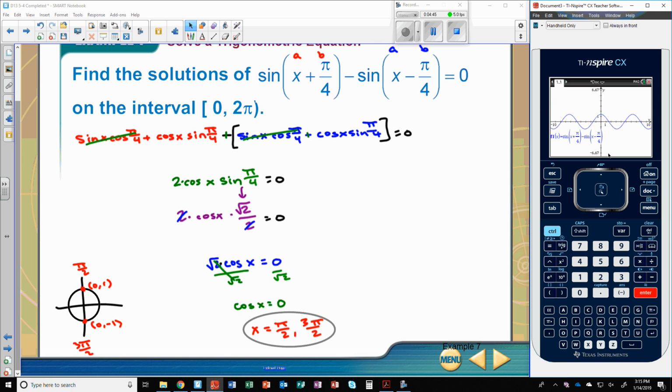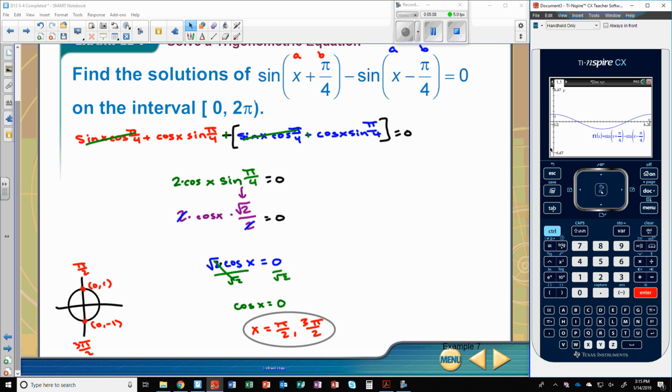I press enter. Now our domain said from 0 to 2 pi. Now remember, to check on this interval, it'll cut it off at 0, so I'm going to do negative 0.2 just to have a little bit on this side, and we want to take this only to 2 pi. All right, now I want to know where we get the value 0.